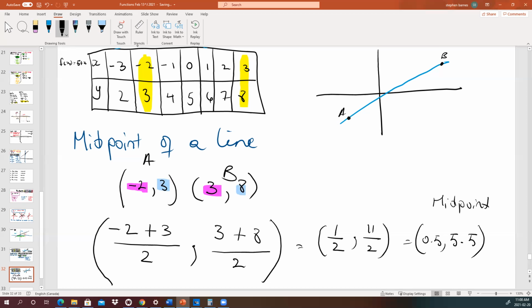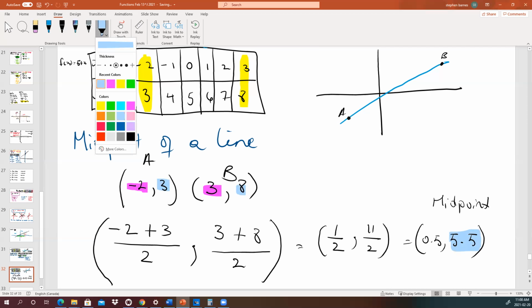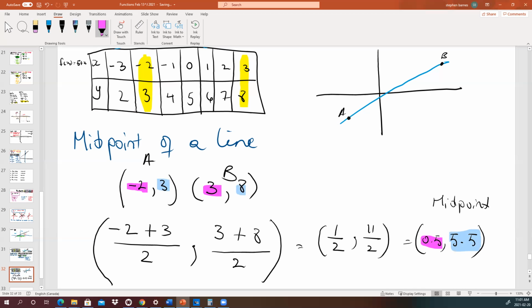Okay. This would be the coordinates for your midpoint. So going back to the same colors, this 5.5 would be your y coordinate, and this one here would be your x. Because remember, these were your x's before you divided by 2, and you got 1 over 2.